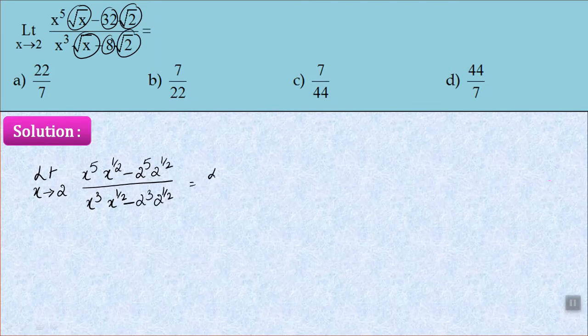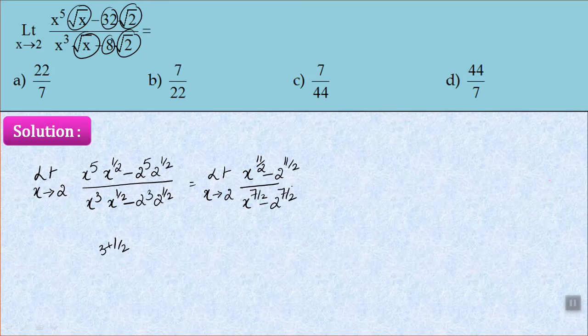This equals to limit x tends to 2 x power 5 plus 1 by 2, that is 2 into 5 is 10, 10 plus 1 by 2, that is 11 by 2, minus here also same, 2 power 11 by 2, divided by here x cube into x power 1 by 2, that is 3 plus 1 by 2, 2 into 3 is 6, 6 plus 1, 7 by 2, that is x power 7 by 2 minus 2 power 7 by 2.